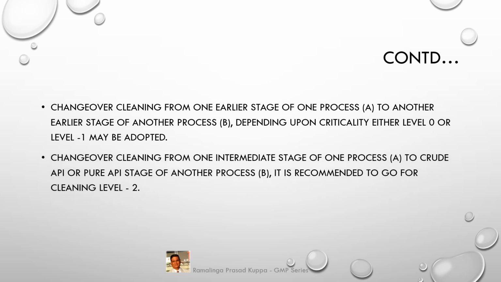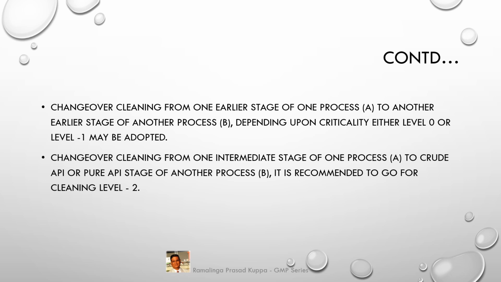Changeover cleaning from one intermediate stage of one process A to crude API or pure API stage of another process B, it is recommended to go for cleaning level 2. This is a critical situation.